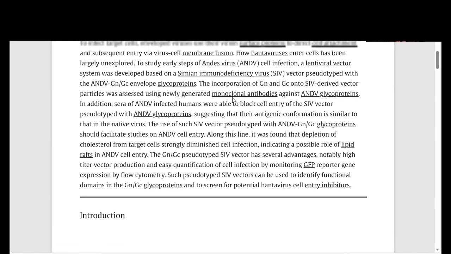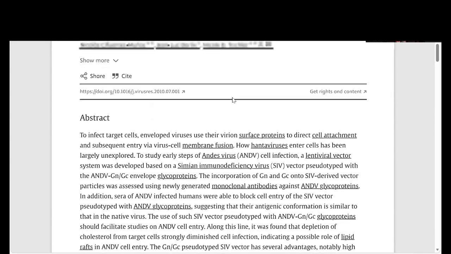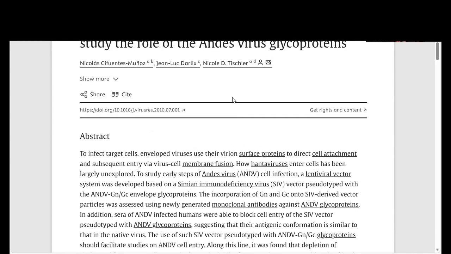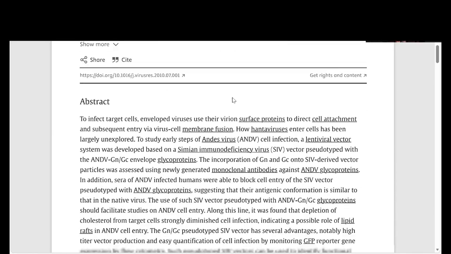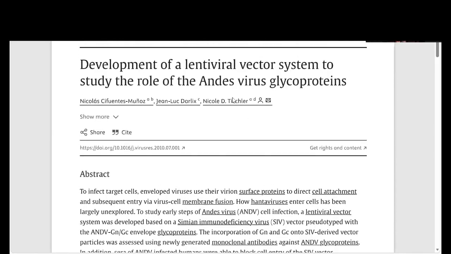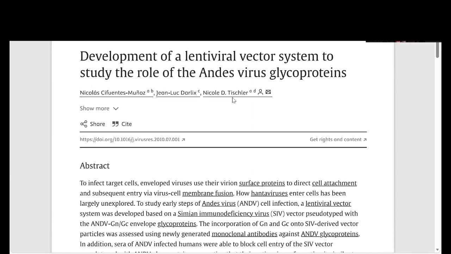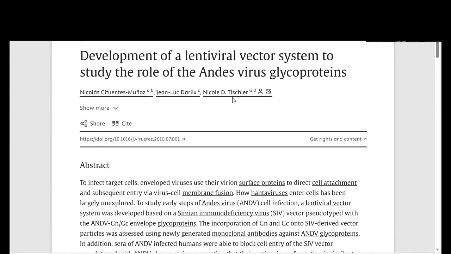So my point here is that we need a little bit more of a discussion in the public domain about the regulation of these types of research and the safety protocols.